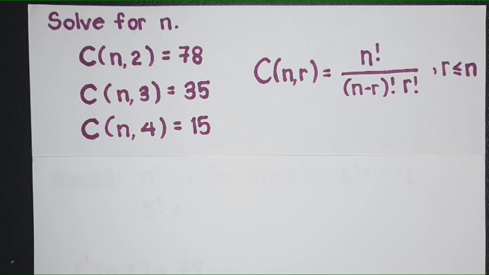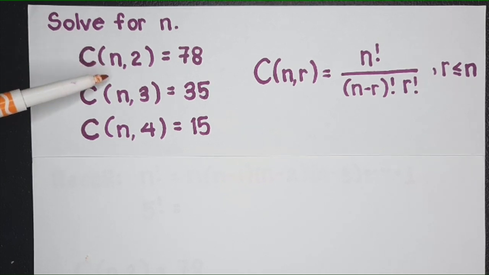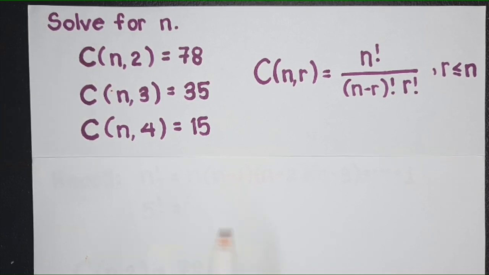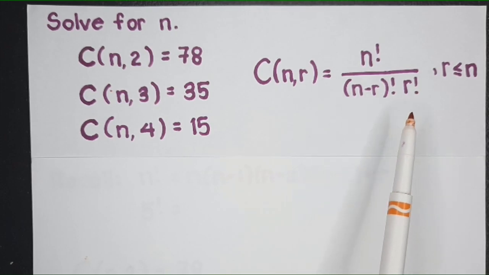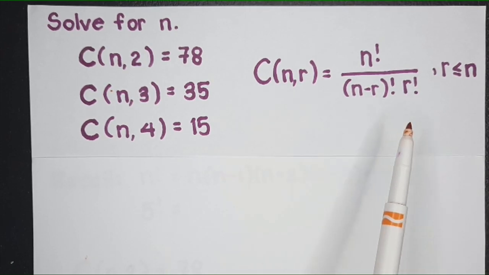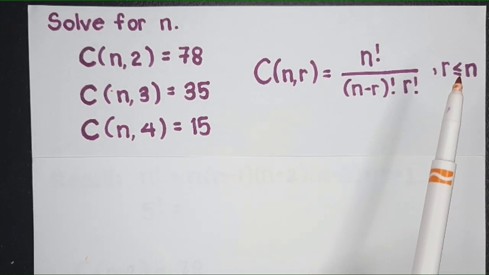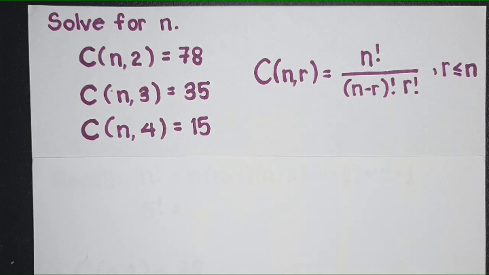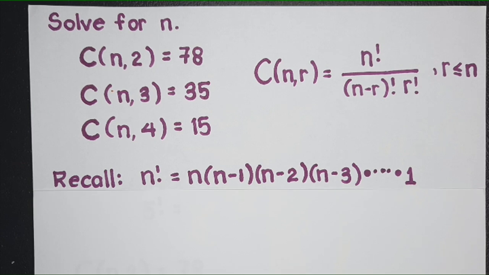Alright? Okay, for this set of exercise, so we are going to solve for n. Okay, so isolve natin tong tatlong ito. Again, I want you to recall the combination formula. Your r is less than or equal to n. But before we start, I want you to recall this one.